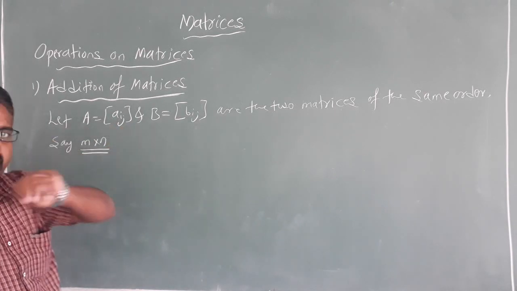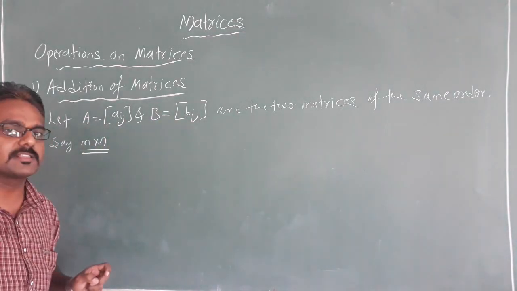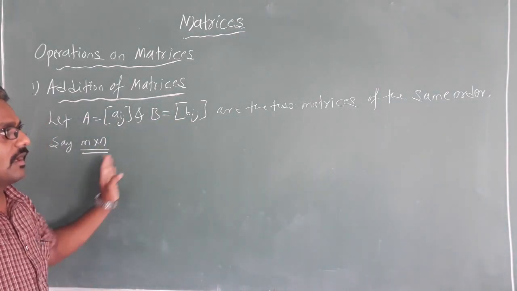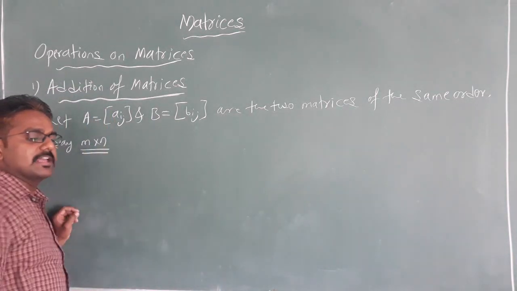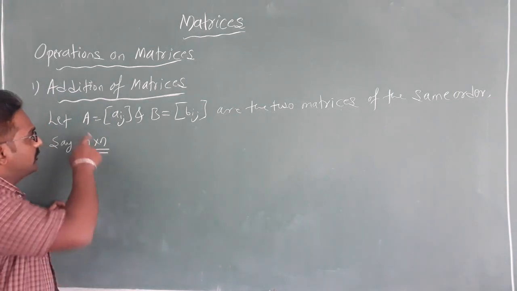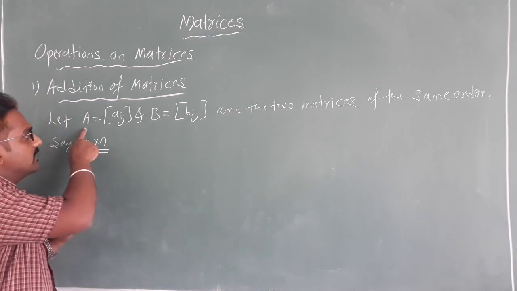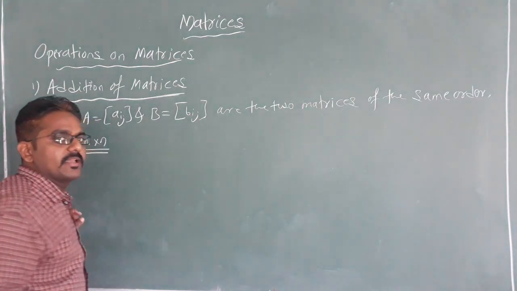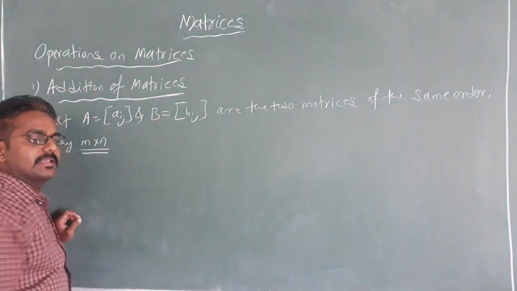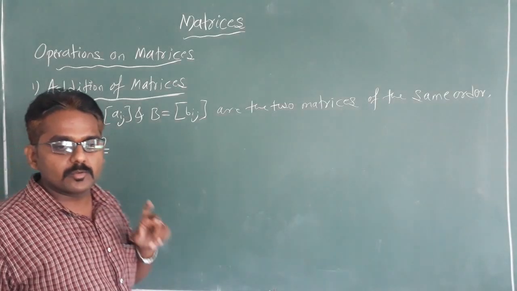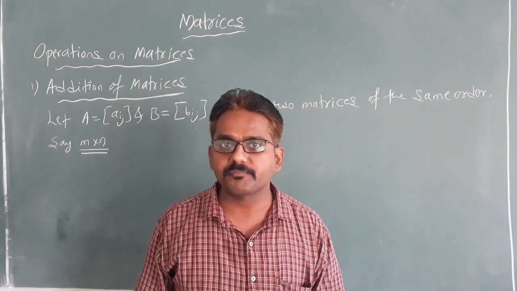Aij and Bij are the elements in the respective matrices. If A is a square matrix, then B is also a square matrix. If A is 2 by 3, then B must be 2 by 3. If A is 1 by 3, B is also 1 by 3. Both should have the same order.